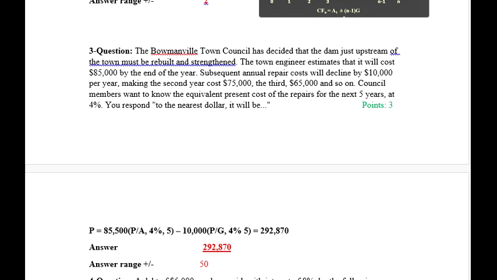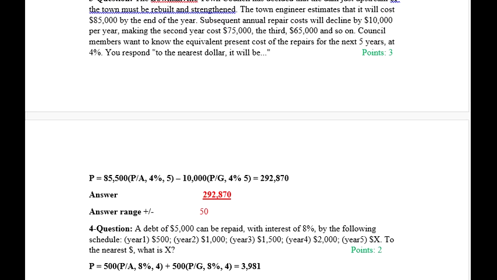It is more or less similar to the previous question, but you have to subtract the gradient amount. That is P equal to 85,000(P/A, 4%, 5) minus 10,000(P/G, 4%, 5). I'm sorry, there is a typo error. Get the values for P/A and P/G for 4% and N equal to 5. You get the value of 292,870.